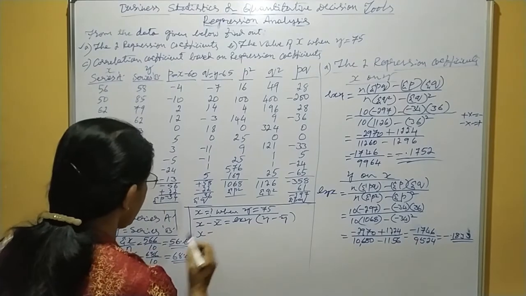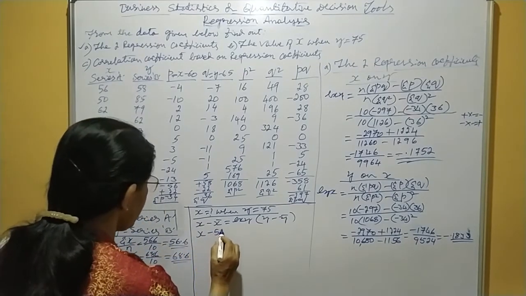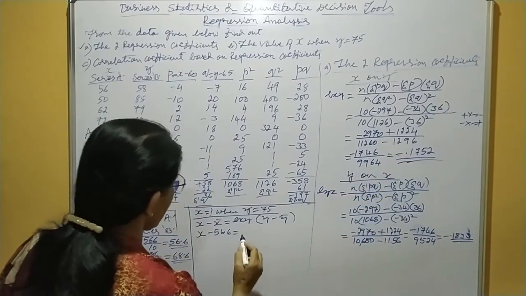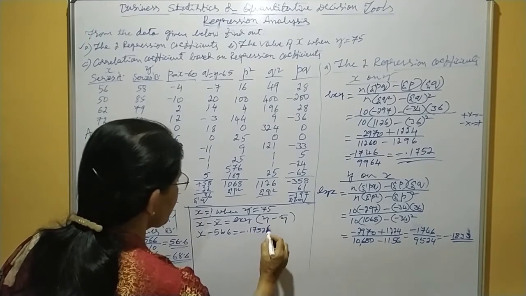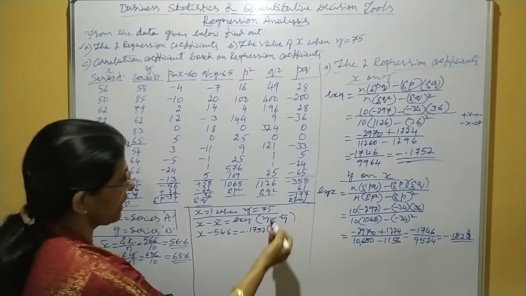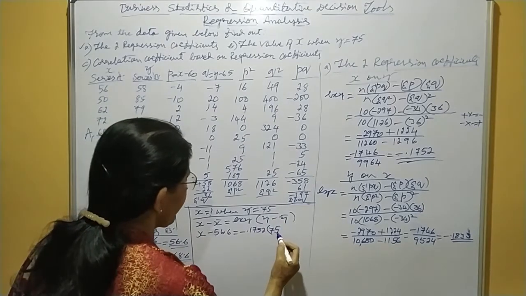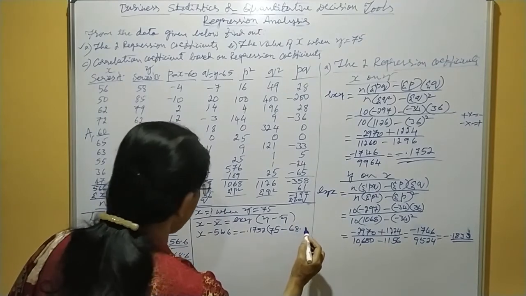Now x bar is 56.6 equals bxy, calculated, that is minus 0.1752 into y. Directly you may take y here itself. It is 75 minus y bar, 68.6.